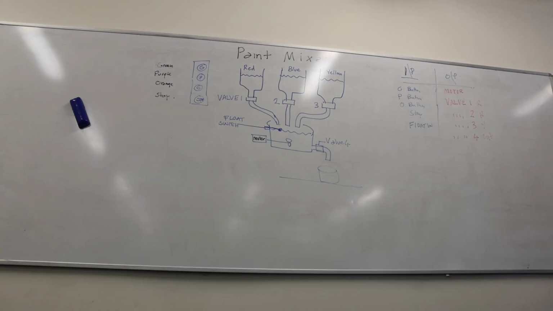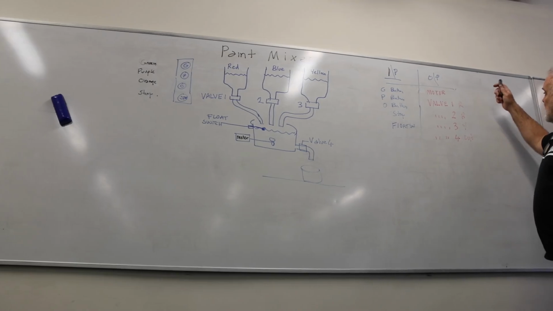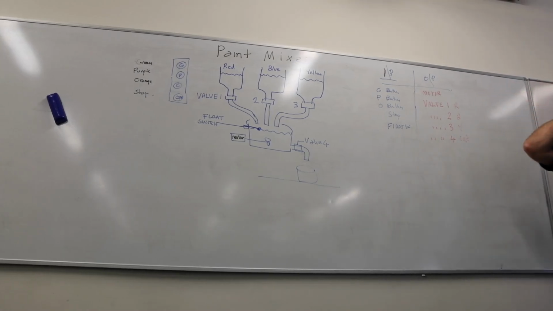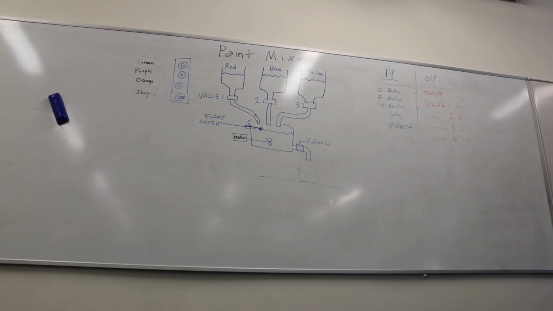So let's give it some numbers. Outputs are called, what are they called in our code? The Y's, are they? Can't remember now. O's and I's.